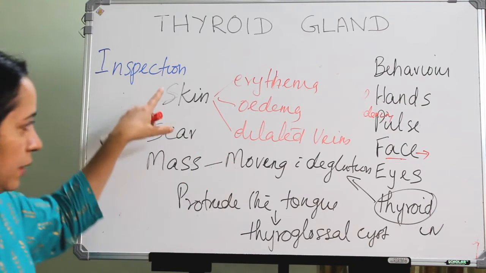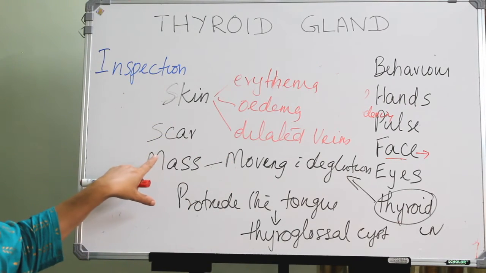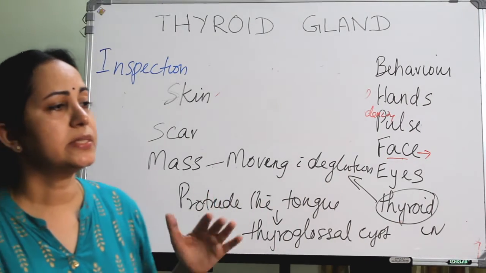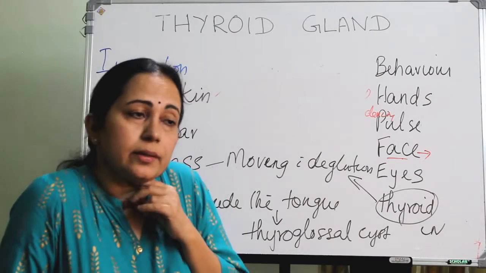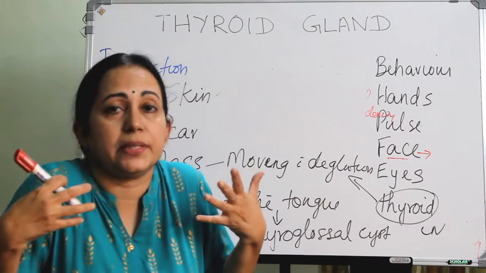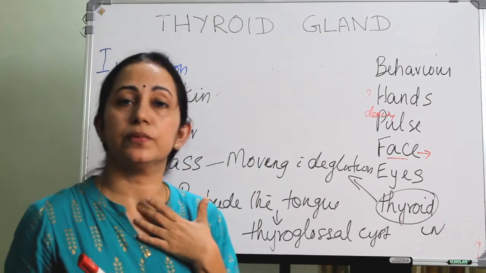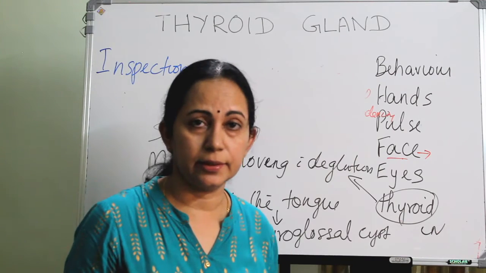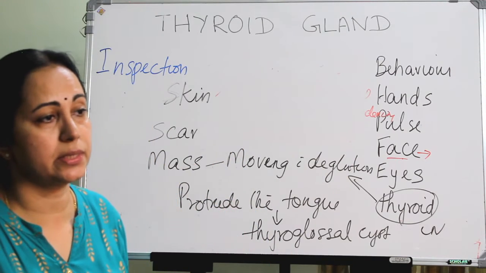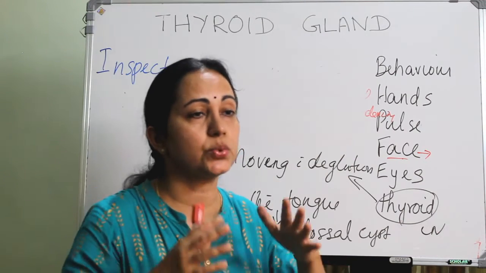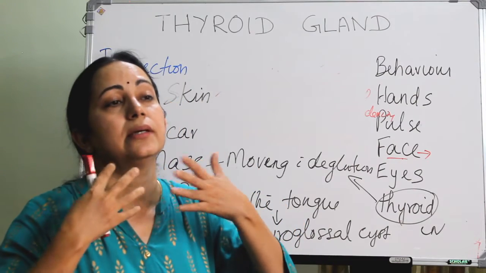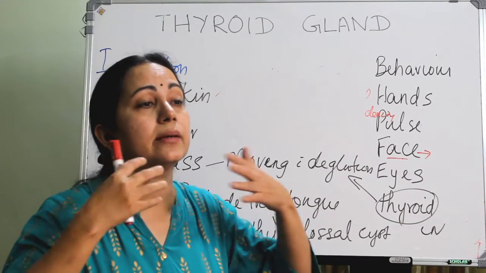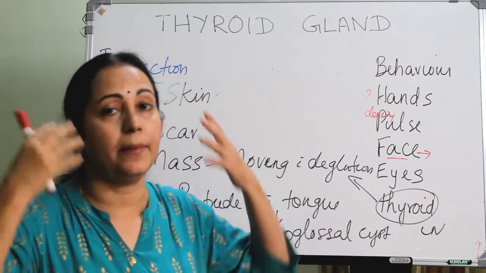So inspect for this. And if the patient has a very short neck and is very fatty, inspection of the thyroid mass will be difficult. In that case, you can do inspection by asking the patient to hyperextend the neck and push the head backwards.